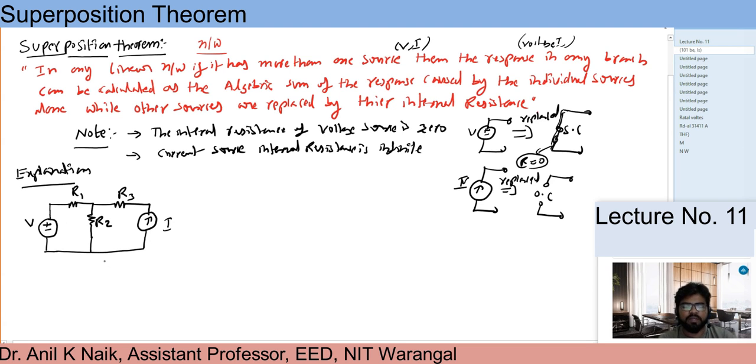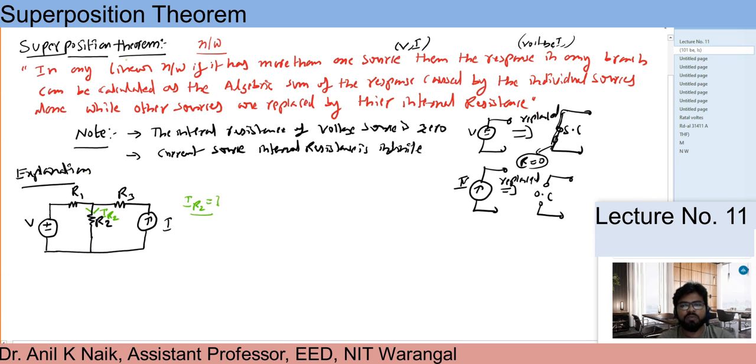This network has been given to me, and I want to find the current flowing through the resistance R2, IR2. So IR2 is the response I want to find in this network by using the superposition theorem statement.